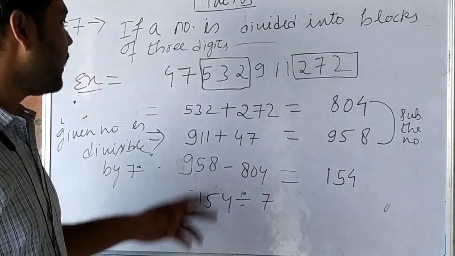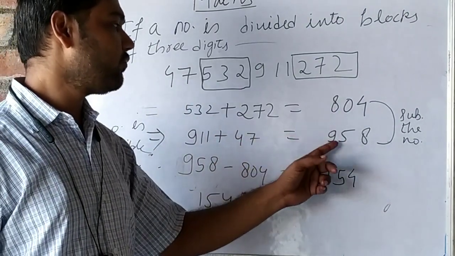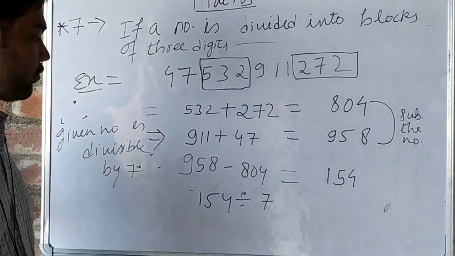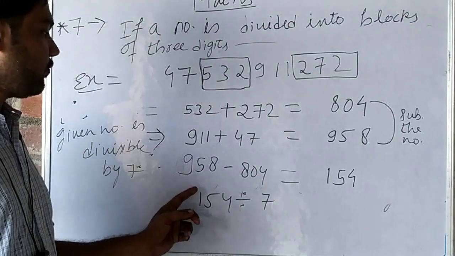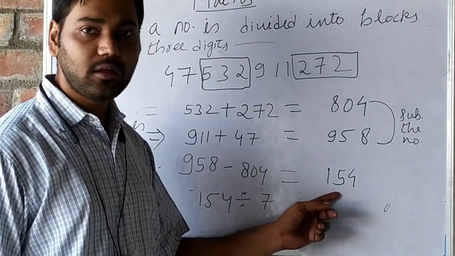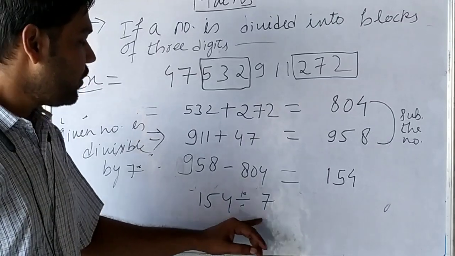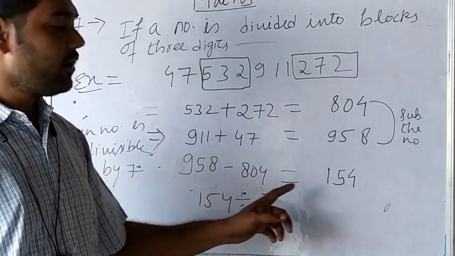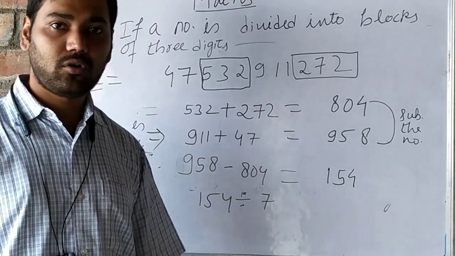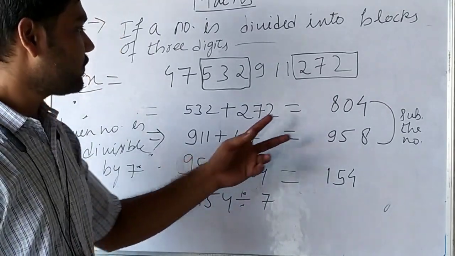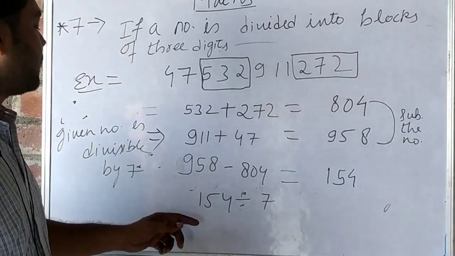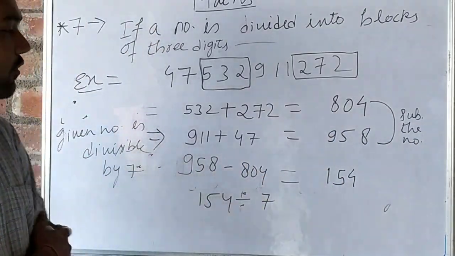Understand? After adding, the result will be subtracted. And for the result which we get after subtracting, we have to see whether that difference is divisible by 7 or not.